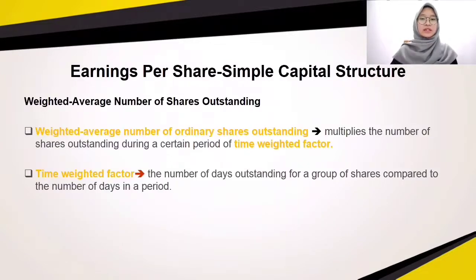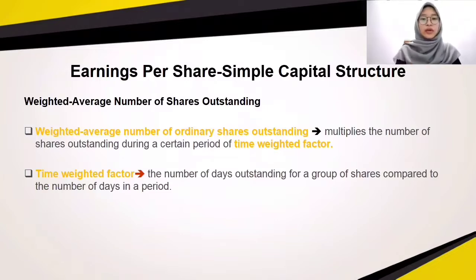Next, the weighted average number of shares outstanding. The company must weigh the number of shares outstanding based on the fraction of the period in which these shares were outstanding. When share dividends or splits occur, companies need to restate the shares outstanding before the share dividend or split.